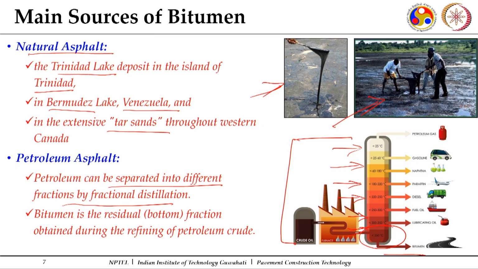This is the residual bitumen fraction, which is also further refined or processed to get the desired quality of bitumen. There are various ways of further processing it. Degassing is there, air blowing is there, vacuum application is there, so as to achieve a composition of bitumen which is suitable for our road construction.